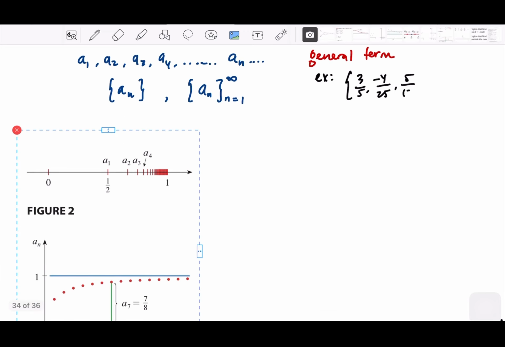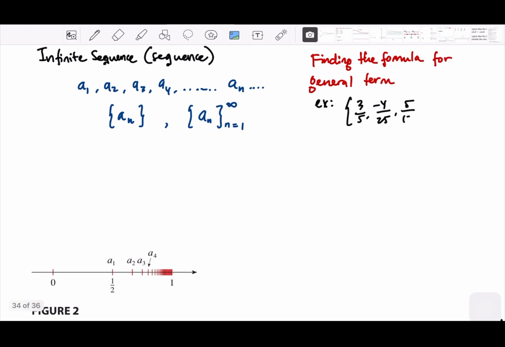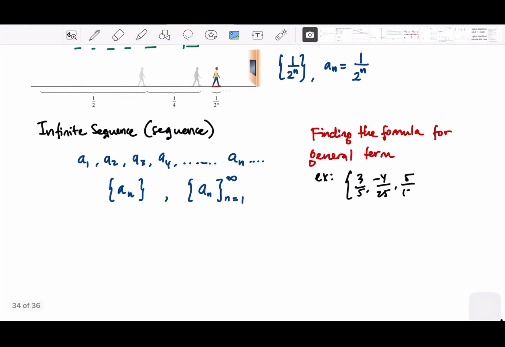This is later on. I will write that. Okay. Okay, find a formula.